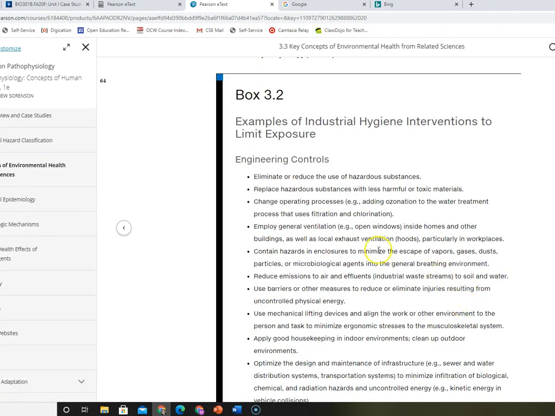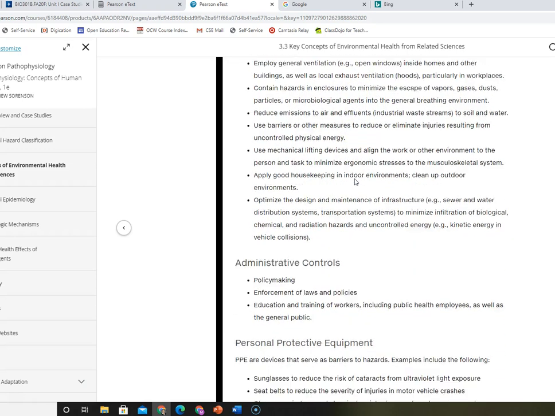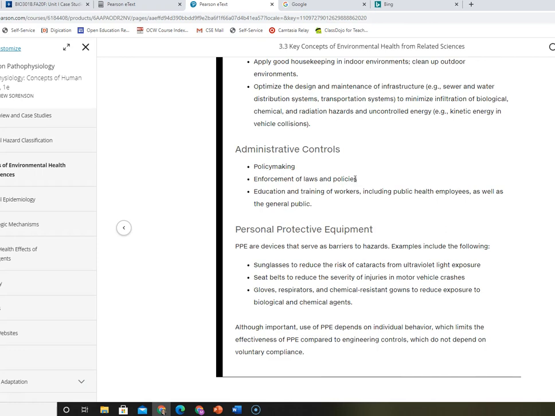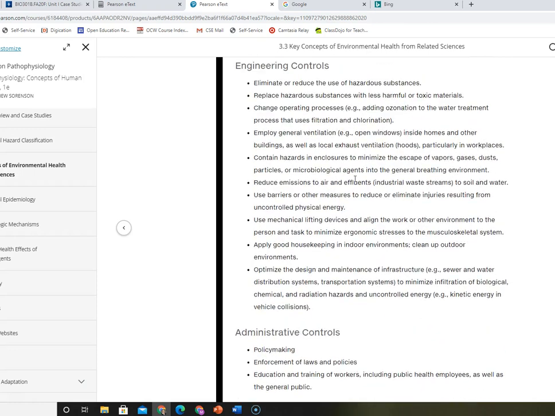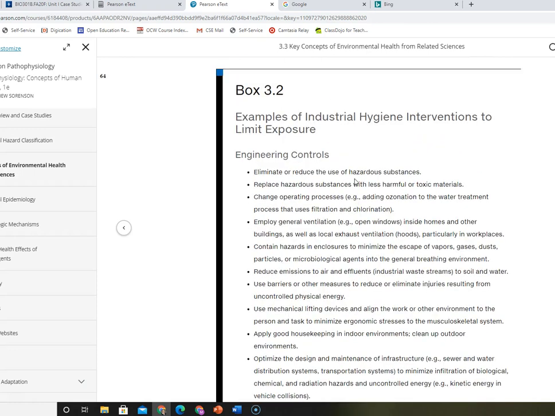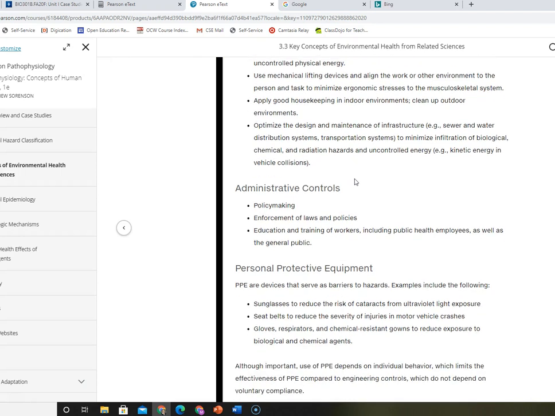So again, in case somebody doesn't have the textbook here, I don't know that this is actually in the PowerPoint. I'm not sure, but so, examples of industrial hygiene interventions to limit exposure. Okay, so talking about engineering controls here, administrative controls, and PPE. We probably talked about it a little bit, or these are things you could probably think of on your own, but I just wanted to refer you guys to that in case you need that to answer the question for the case study.